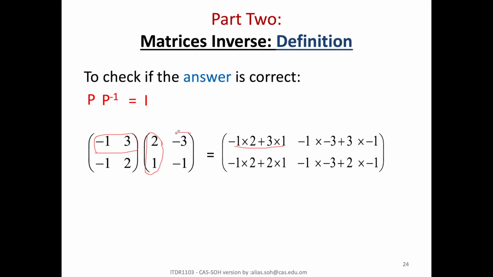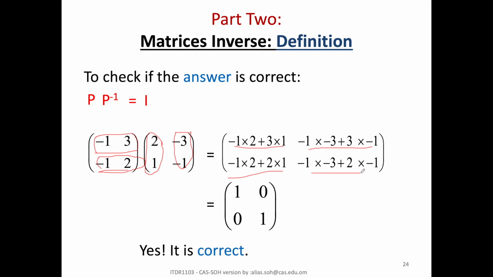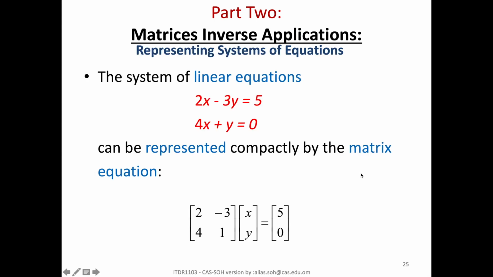Then the row with the second column gives the second entry, then the second row with the first column, and the second row with the second column, and we got the rest of the entries. So the answer is 1, 0, 0, 1, which is the identity matrix, and that shows us that we are correct.